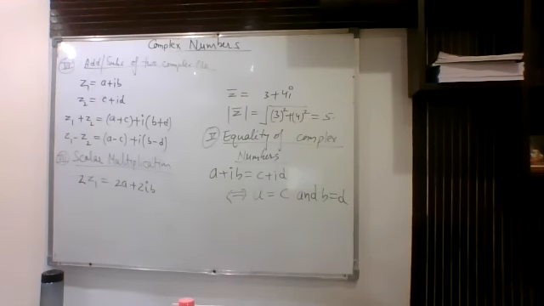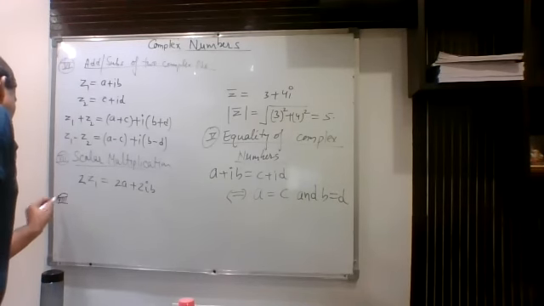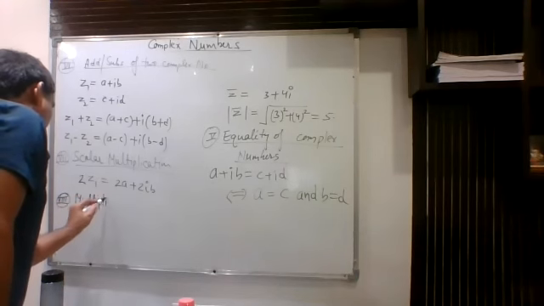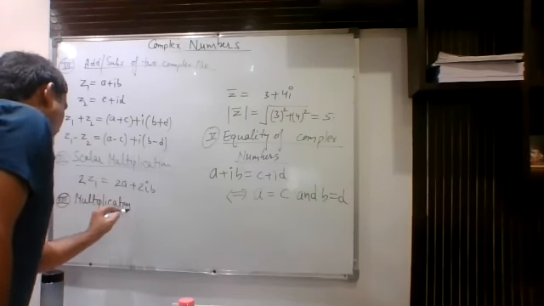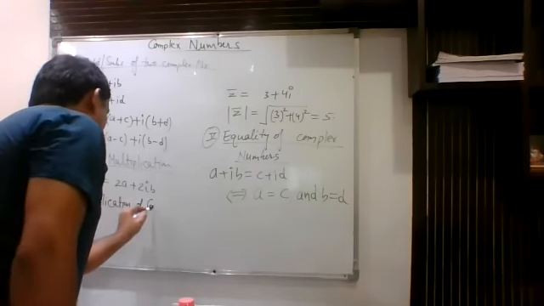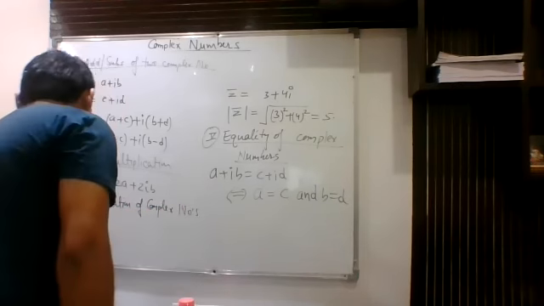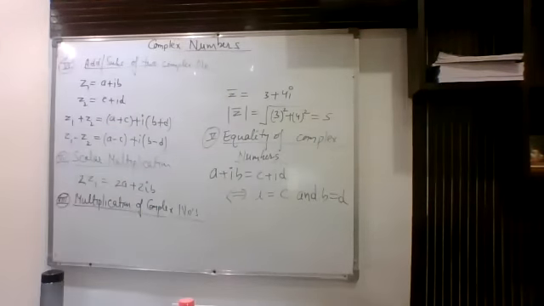Now next is how to multiply two complex numbers. So next you can write down multiplication of complex numbers.